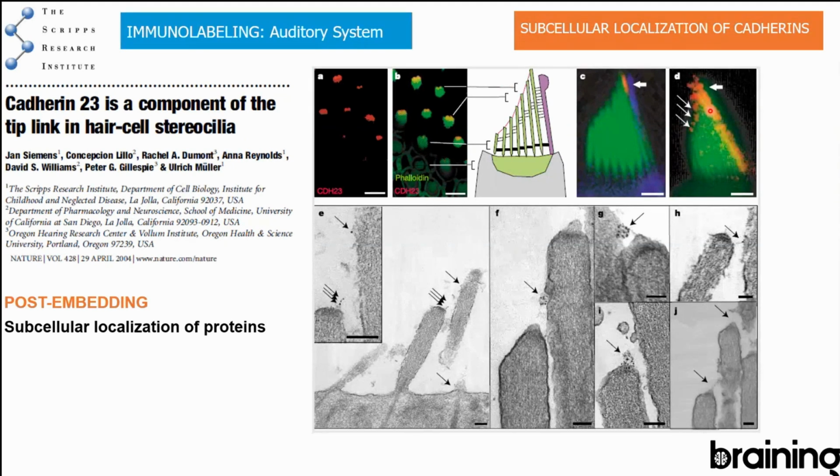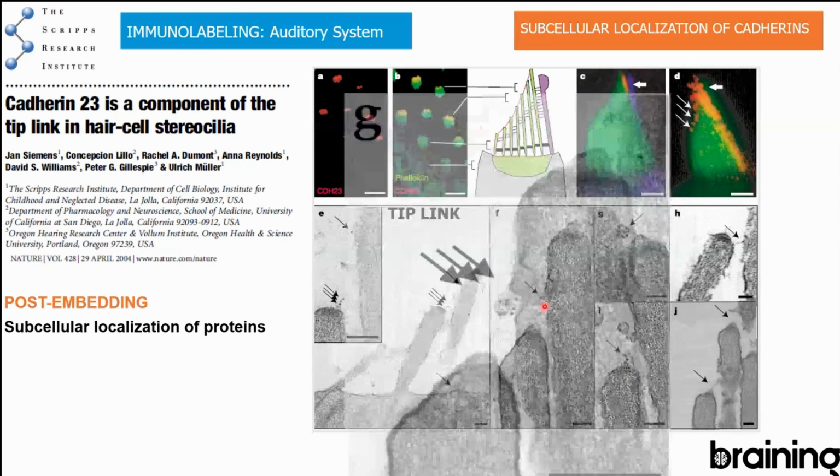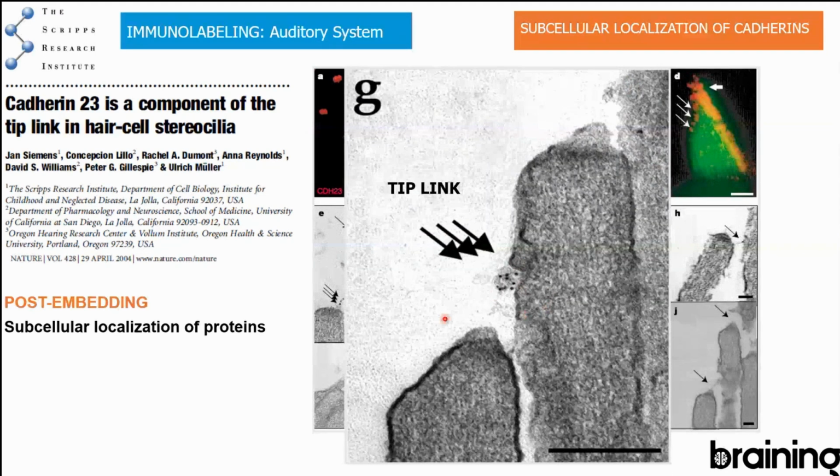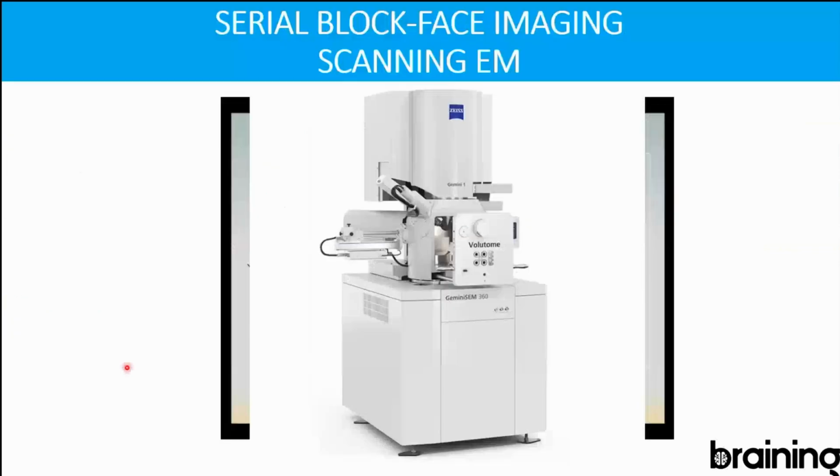But you have to confirm those findings through EM, and it was hard, but pretty cool, because I could get these sections of the stereocilia, which are really, really tiny. We got this very nice staining of cadherin 23 only in the tip link. So this was a pretty cool finding.